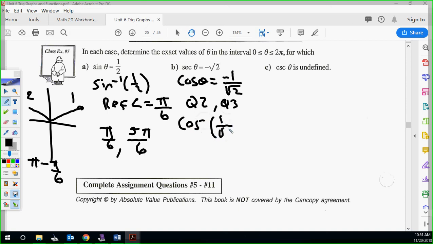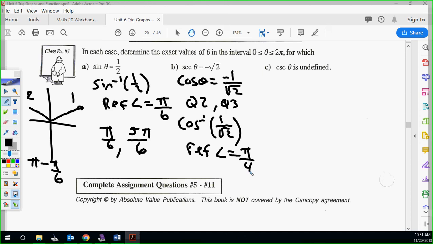Just do the positive to get the positive reference angle. You get 1/4, which means your reference angle is pi over 4.